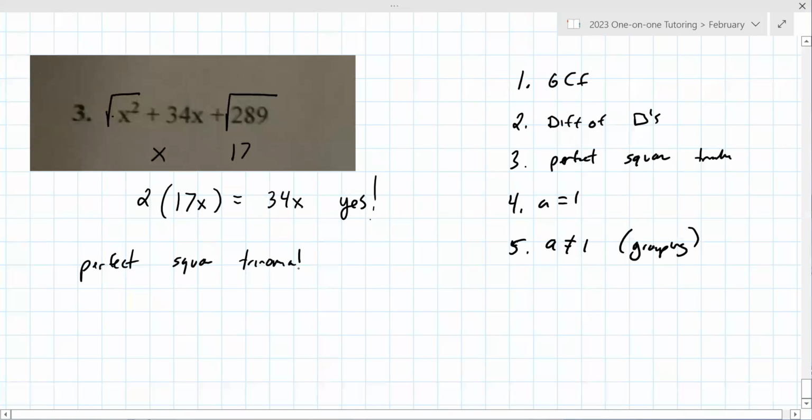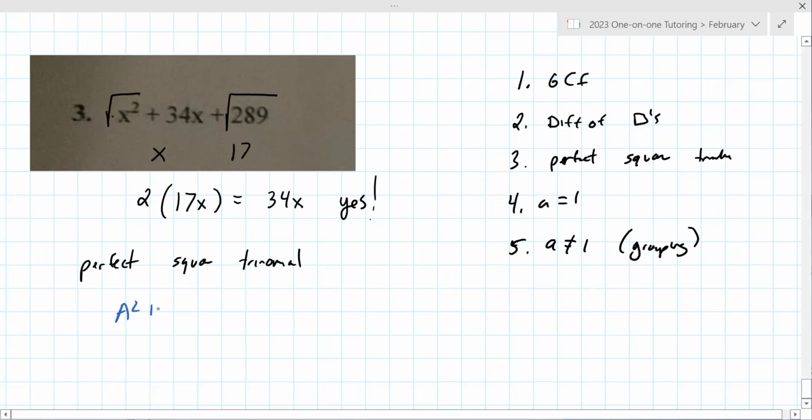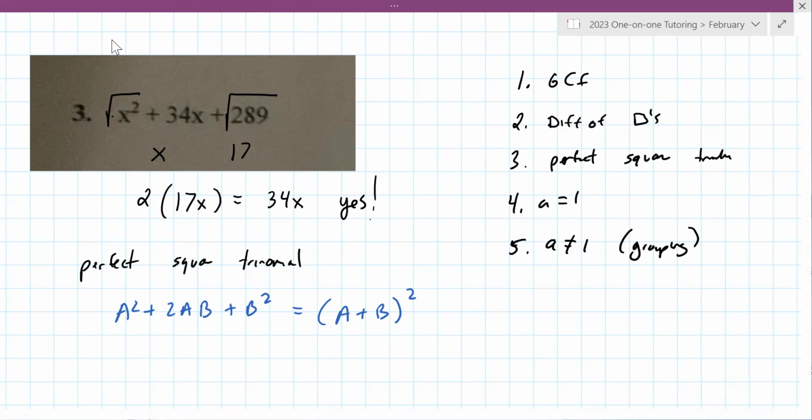We haven't covered this a lot, but its form is a squared plus 2ab plus b squared, and this becomes a plus b squared. So in your problem, the b is 17 because 17 squared gets you back to 289. Your a is x, since x squared gets you back to x squared.